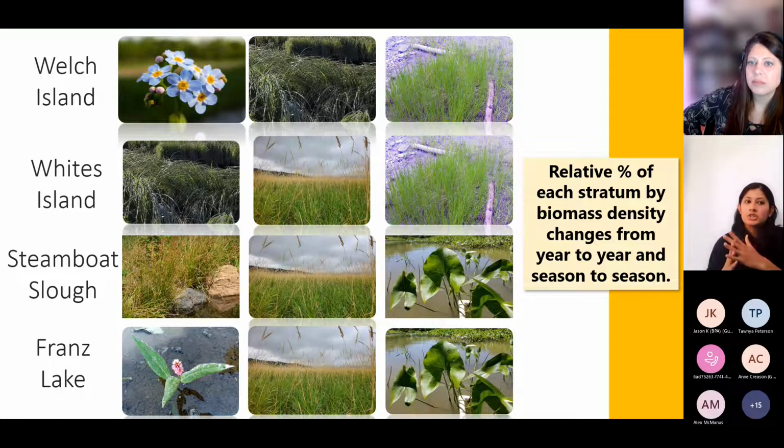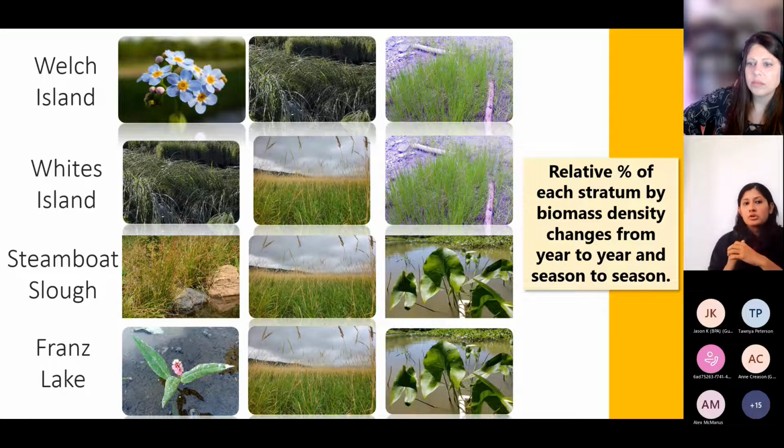In the low marsh of Welch Island, we've seen summer biomass be predominantly dominated by spike rush. Similar trends we saw in Whites Island as well, where the high marsh was dominated by reed canary grass and Lyngbye's sedge, and the low marsh was again Lyngbye's sedge and spike rush.